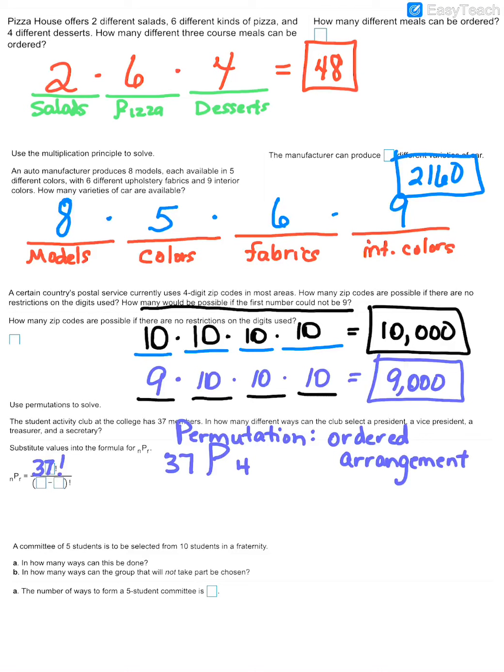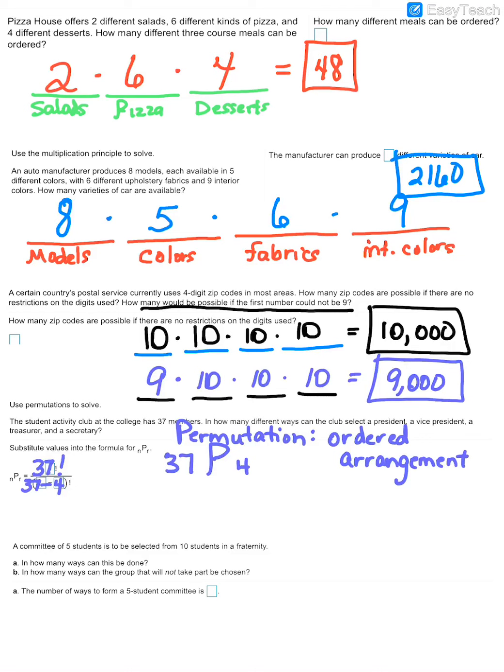So 37 times 36 times 35 times 34 and so on all the way till you get to 1. Now, in the bottom of this formula, you're going to take whatever your N is, so 37 again, and notice they're saying minus, you're going to subtract your R. R is the number chosen. So in the bottom, we would do a 37 minus 4, which would leave me with a 33 factorial.